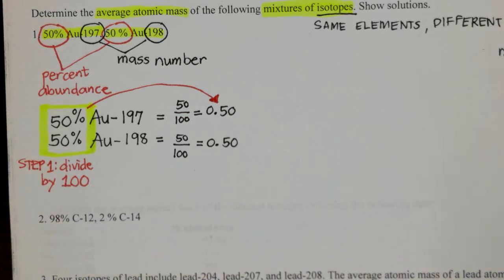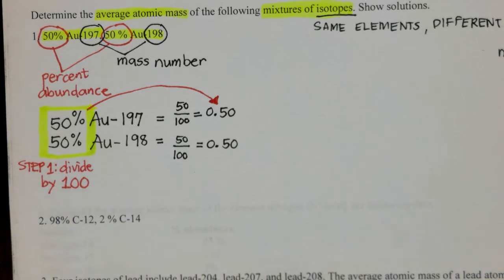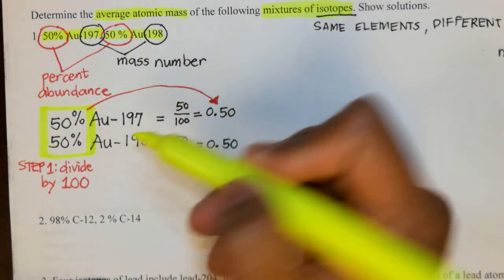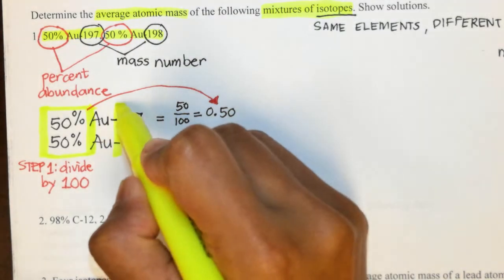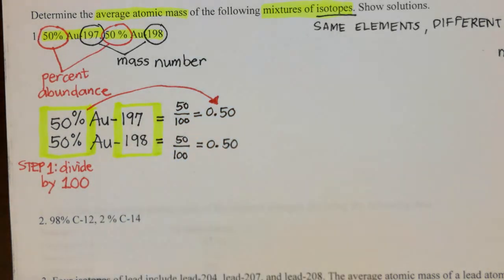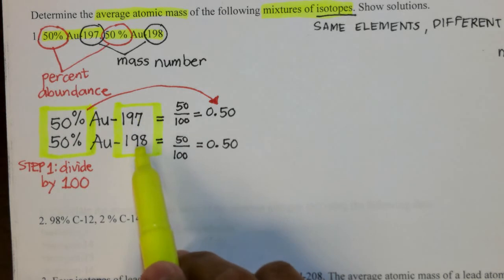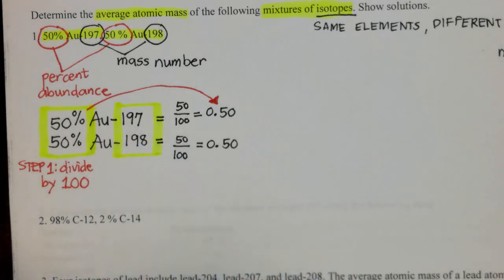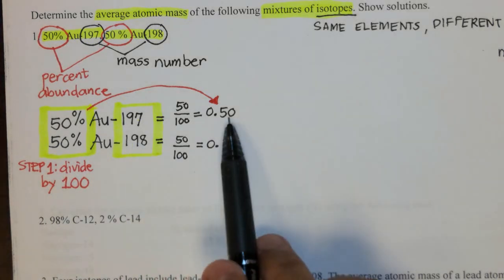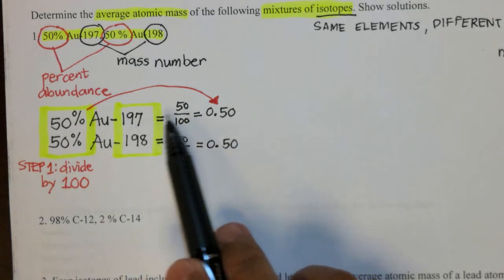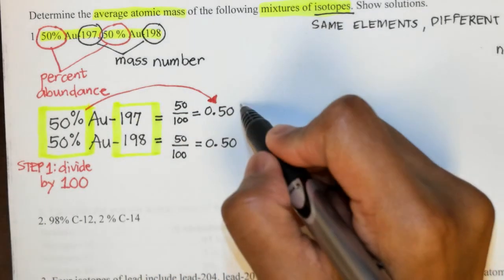Where do we focus for step 2? For step 2, we need to focus now on the mass number. So let me box the mass number here. My mass numbers are 197 and 198. What do I do with them? I am going to multiply them to my new percentage in decimal. So I'm going to put 197 to 0.5 and I'm going to multiply it.